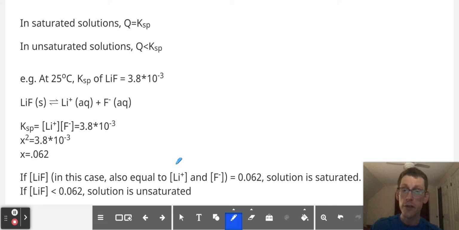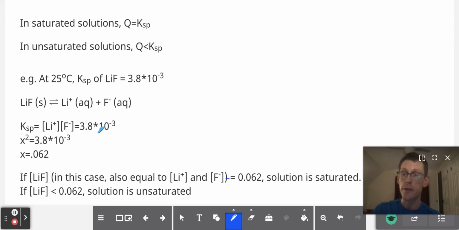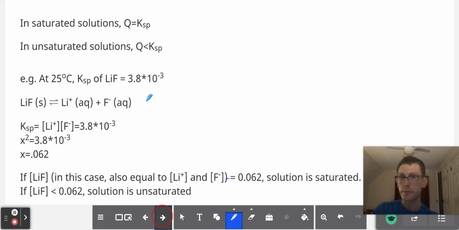If the concentration of lithium fluoride is 0.062 molar, then the solution is saturated. However, if the concentration is less than 0.062 molar, then the solution is unsaturated, and you could still keep dissolving some more lithium fluoride.